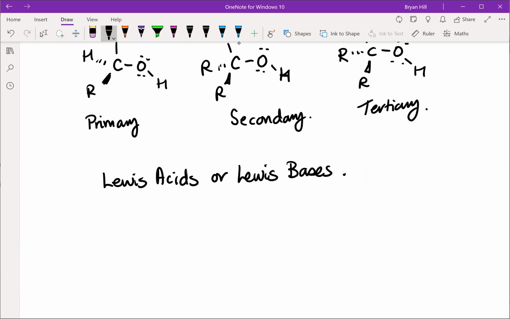One example was when it was reacting with BF3. In that instance, it would be behaving as a Lewis base. But if it's reacting with sodium hydride, it would be behaving as a Lewis acid. So it can behave one way or the other.